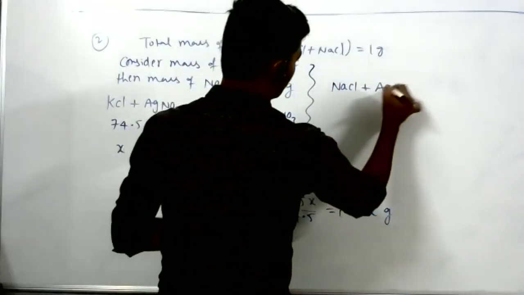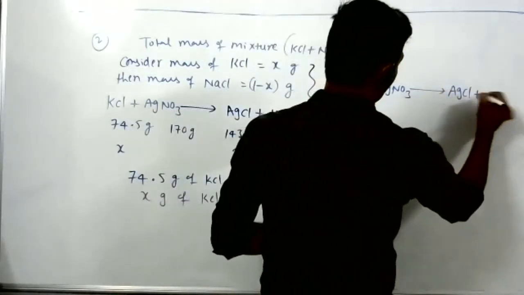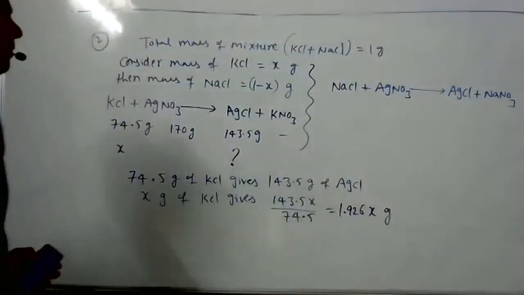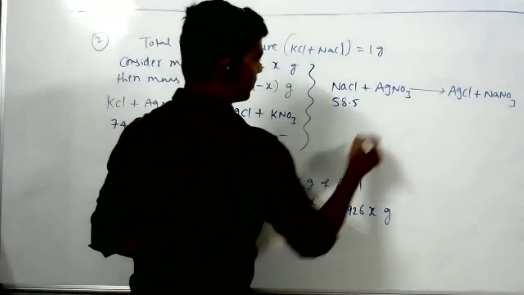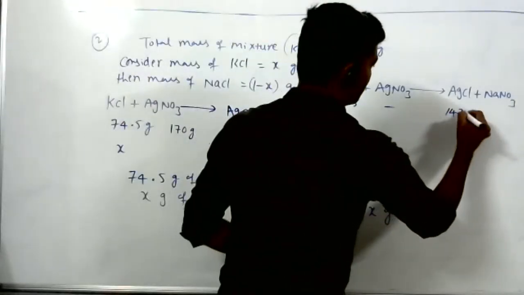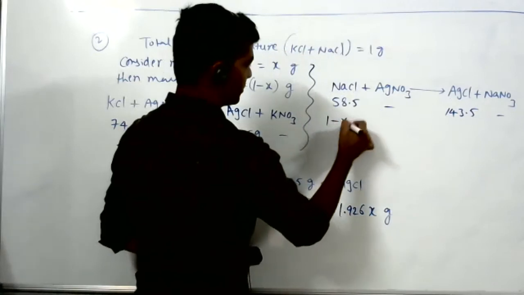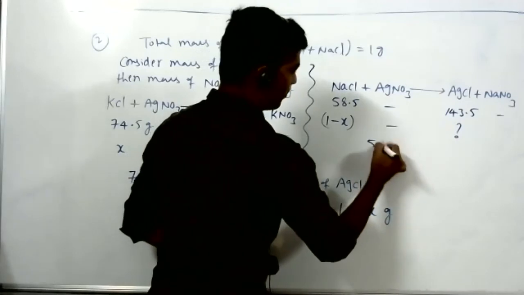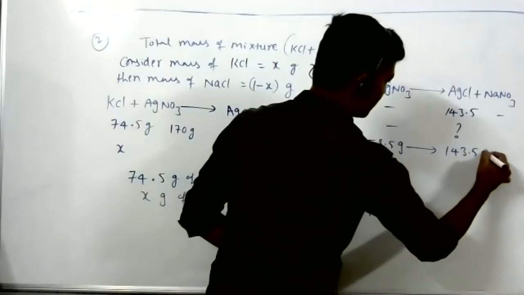The equation: NaCl plus AgNO3 gives AgCl plus NaNO3. NaCl mass is 58.5. AgCl mass is the same, 143.5. Then for 1 minus X, how much mass of AgCl? 58.5 grams gives 143.5 grams of AgCl.